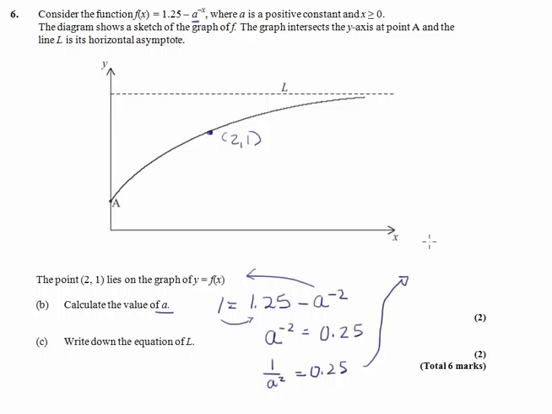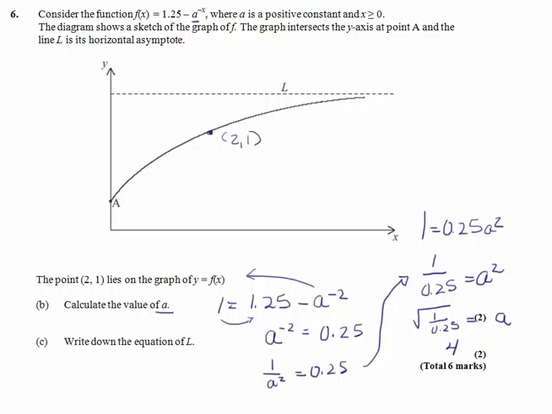From there, we can move up here, and basically I'm going to cross multiply by the a squared to move it over, and now divide by the 0.25. So I have a squared on its own, not in the denominator, but on top. And the square root of 0.25 is equal to a, because I'm undoing the square, and that does not equal 4.